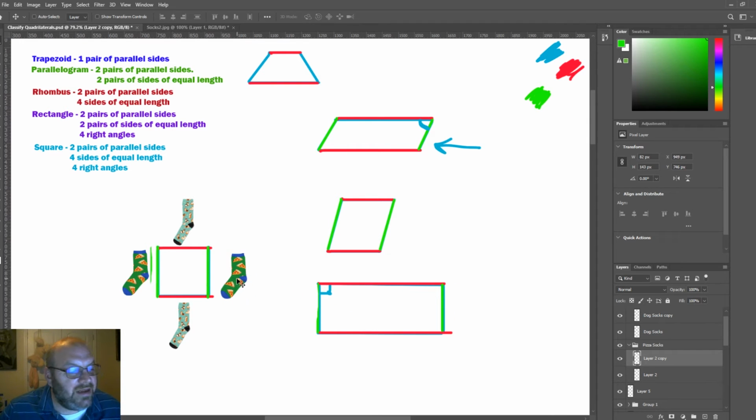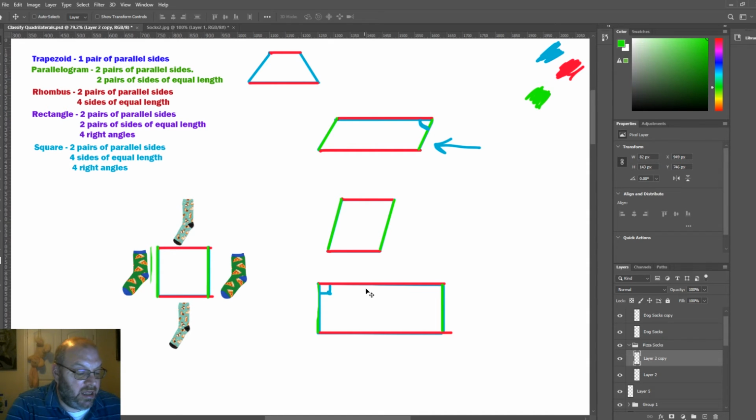Okay, there we go. Now my pizza sock is part of the pair of the greens. My other pizza socks, so I got two pairs there, right? Two pairs of socks. I got my doggy socks. I got my pizza socks. That's two pairs of socks, or two pairs of parallel sides. Four sides of equal length, and four right angles. Good. That's a square.